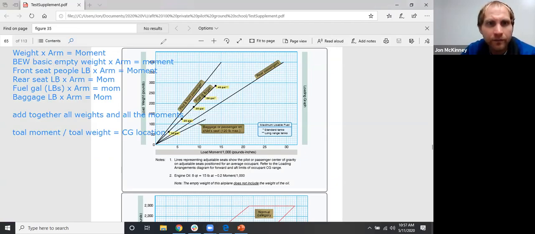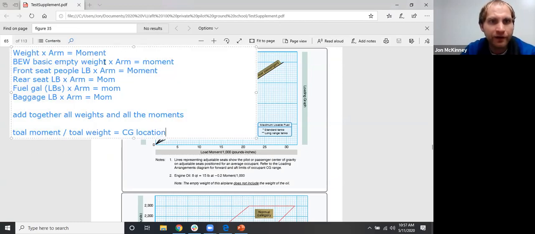There it is. Good job. So our basic empty weight in this case is going to be 1,350. I'll just keep it as BEW for basic empty weight for you. 1,350 pounds.